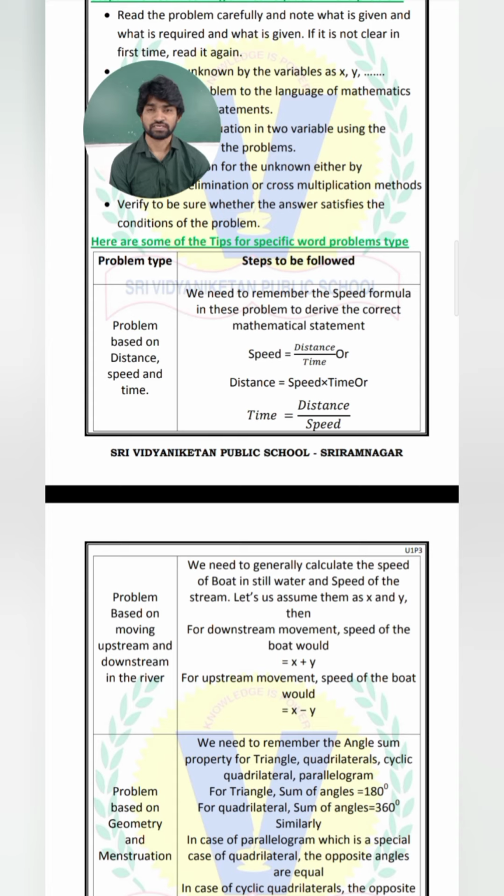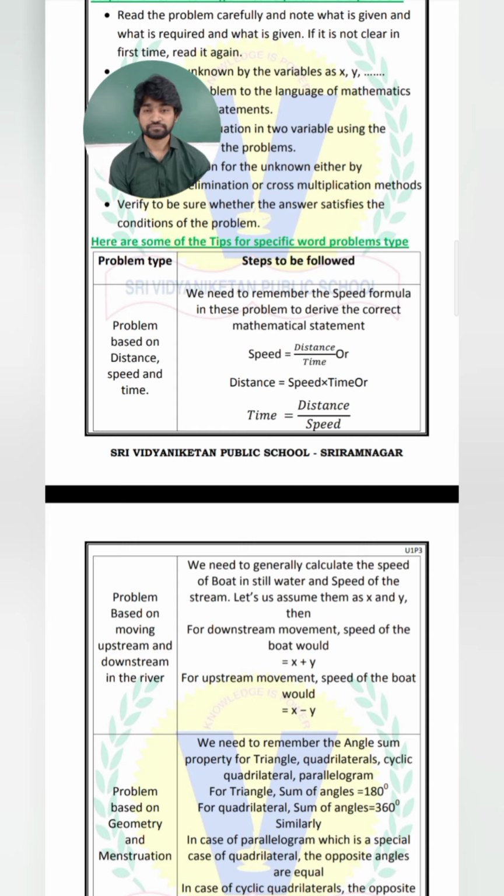If you know the formula distance is equal to speed into time, you can convert it into the other two formulas: speed is equal to distance by time, or time is equal to distance by speed. By these three formulas you can find the answer. Based on the question, you can use any one of the formulas.